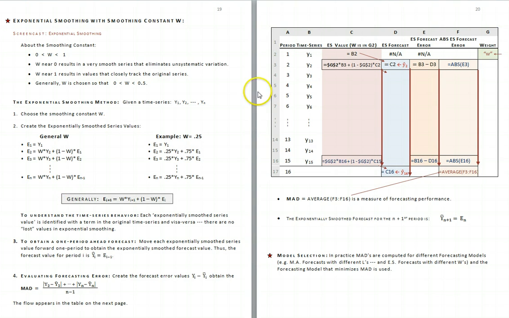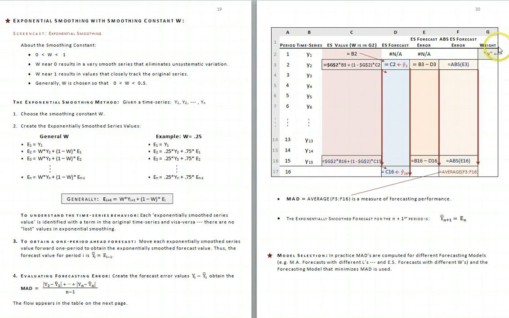Here's an Excel worksheet set up to compute the exponentially smoothed values, the exponentially smooth forecasts, the exponentially smooth forecast error, the magnitude of the exponentially smooth forecast error, and the MAD.